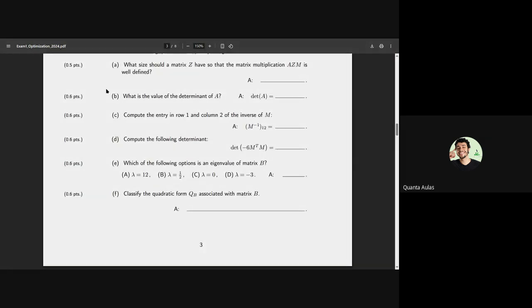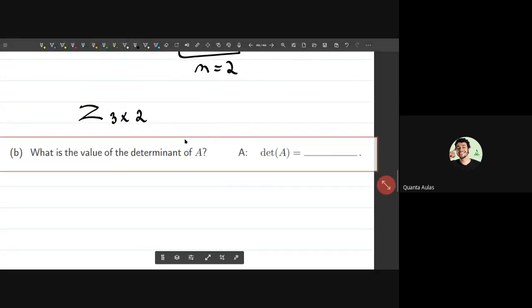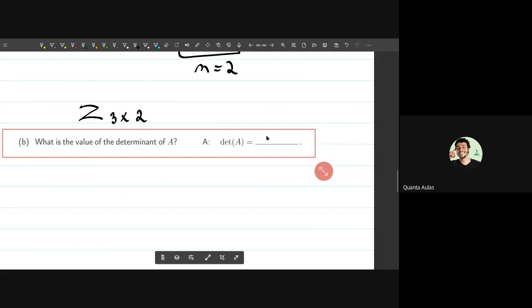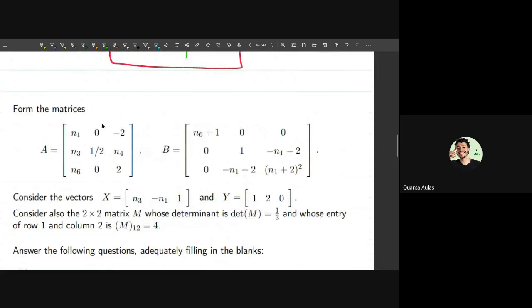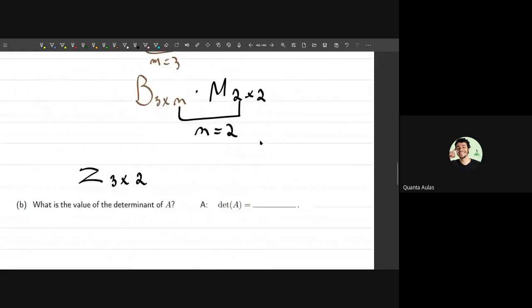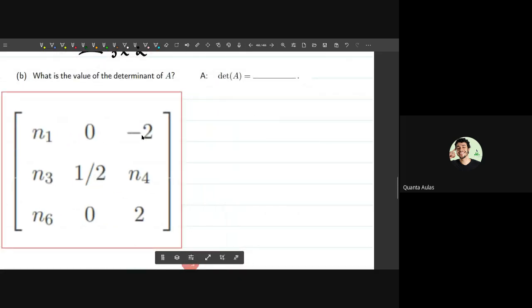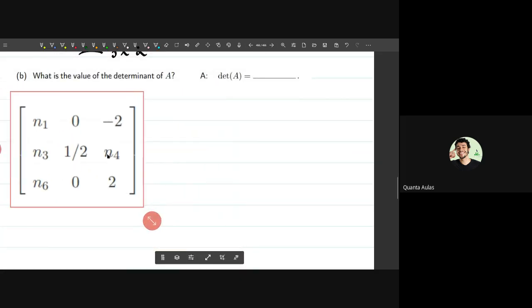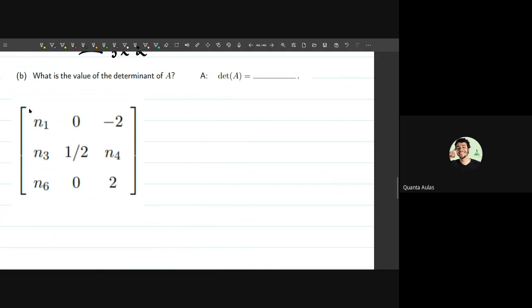What's the determinant of A? We'll need to do some calculus. Very easy, but very boring, because I don't know your number. We have a lot of ways to obtain the determinant, right?